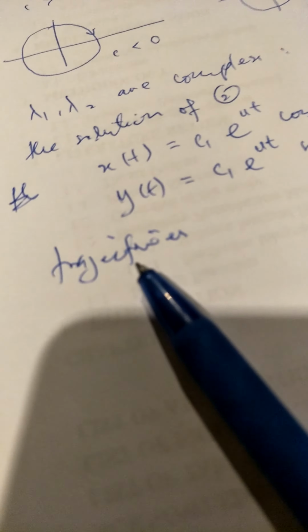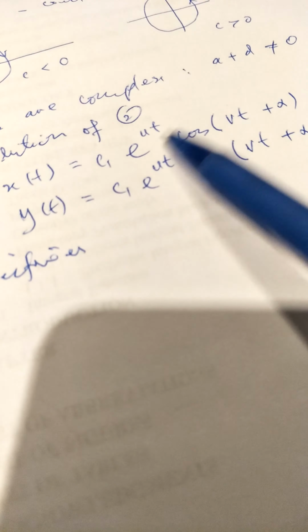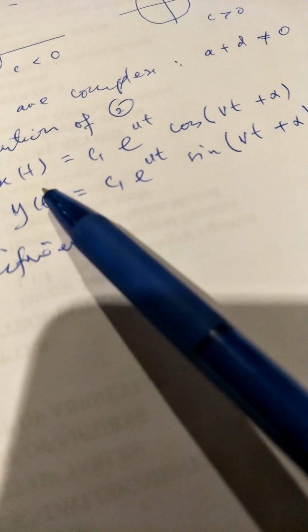To determine the trajectories, of course you need to look at x and y, and investigate what happens as t goes to infinity to x, and to y, and so on and so forth.